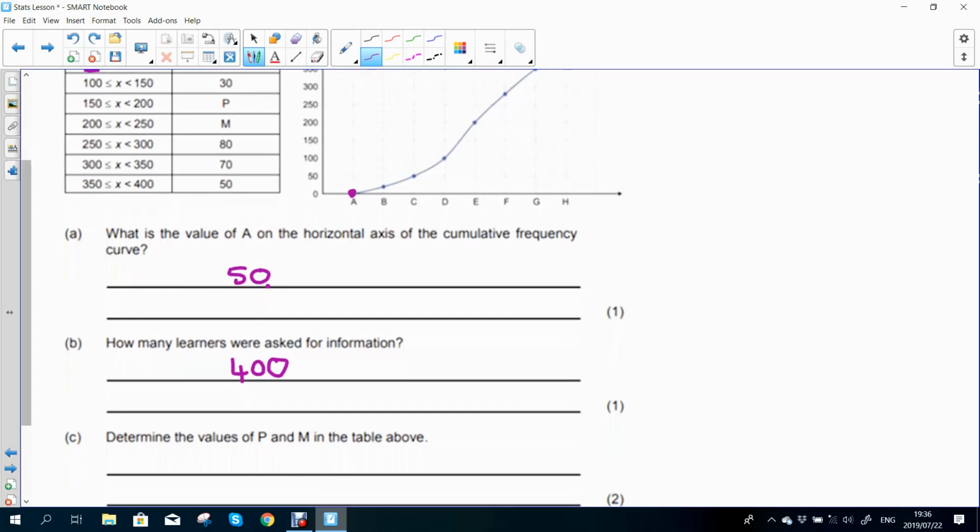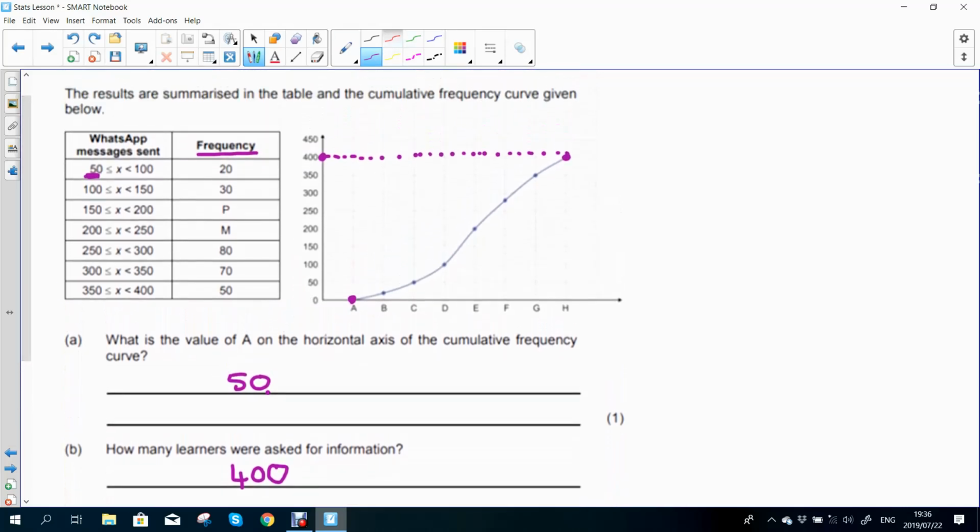Now it says determine the values of P and M. Now where is P and M? There's P and there is M. So how do I do that? Well, P is 150 to 200. So this is 50 to 100 to 150 to 200 to 250, 300, 350, and then 400, right?